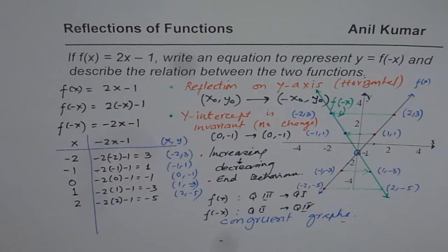We say f of minus x is a function which is reflected on the y-axis, right? Since it is reflected on the y-axis, the domain may change. The range will not change. X coordinates will change from x to minus x, but y coordinates will remain the same. I hope with this you have a good concept of how functions reflected on the y-axis can be graphed and characterized. We'll take a couple more examples regarding the same. Thank you and all the best.